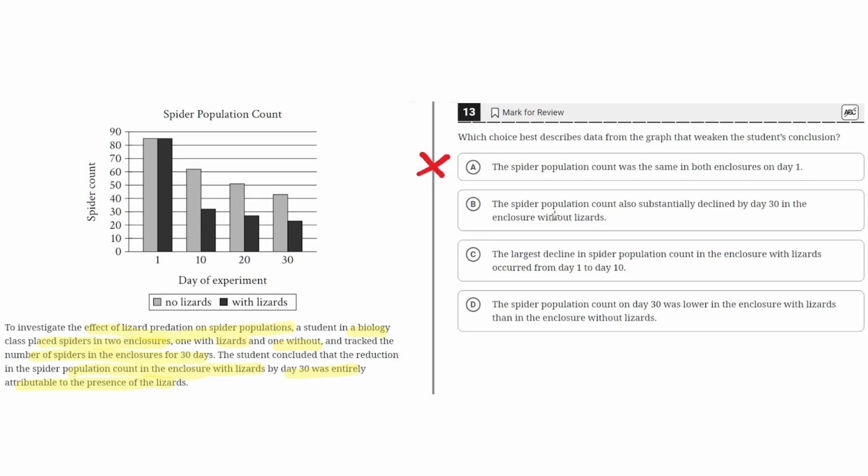So the claim in B is that the spider population count substantially declined in day 30 in the enclosure without lizards. So the enclosure without lizards is gray, and we can clearly see that this gray bar is decreasing over time.